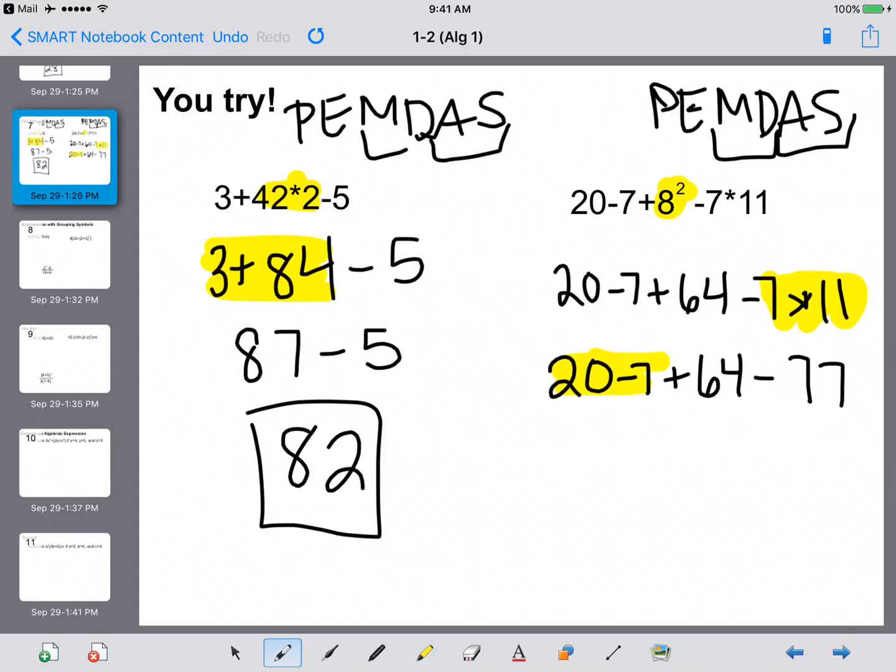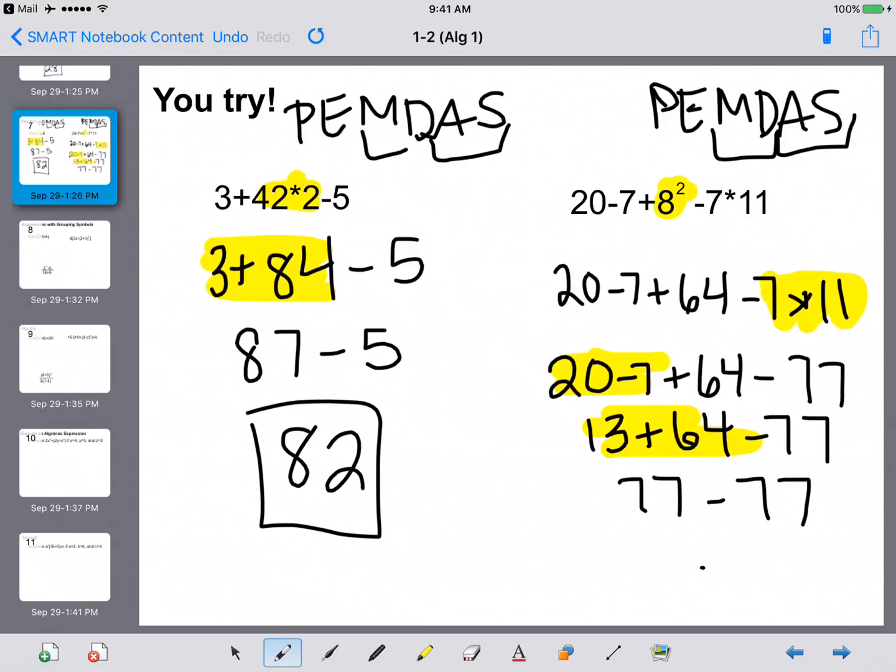So 20 minus 7 is 13. Bring everything else with us. 13 plus 64, because we're just going from left to right now, will get us 77. Minus 77 comes down, and 77 minus 77 is 0.